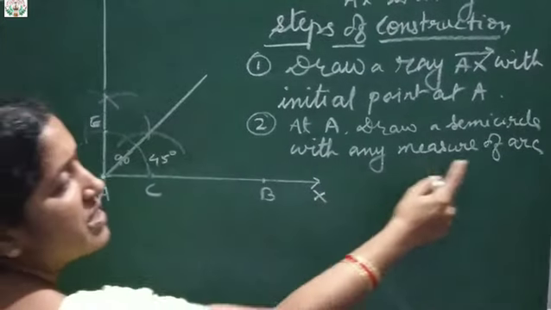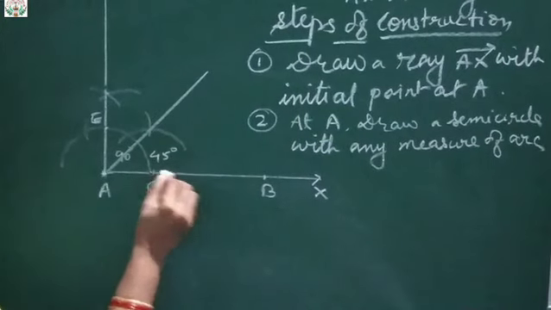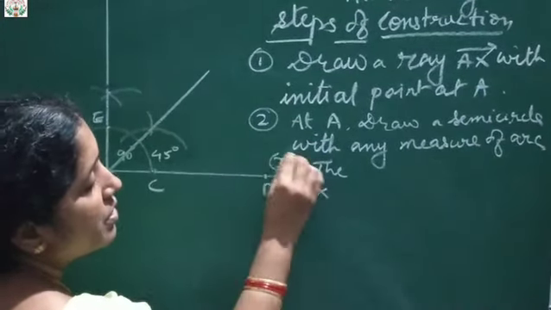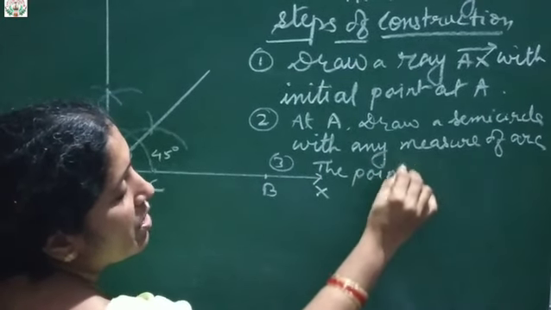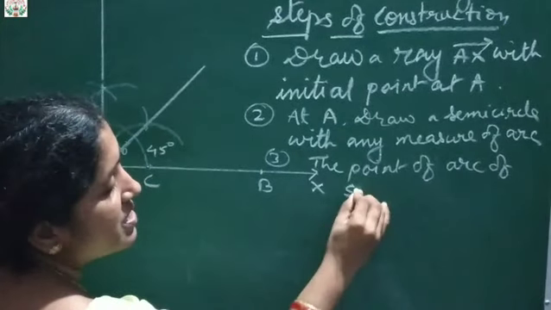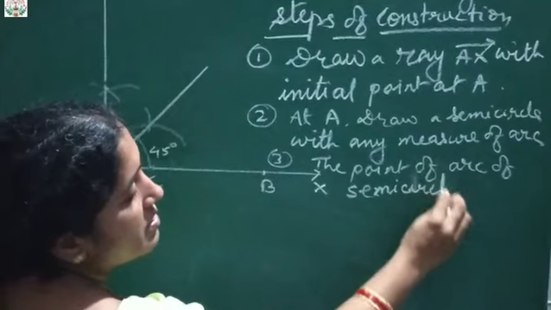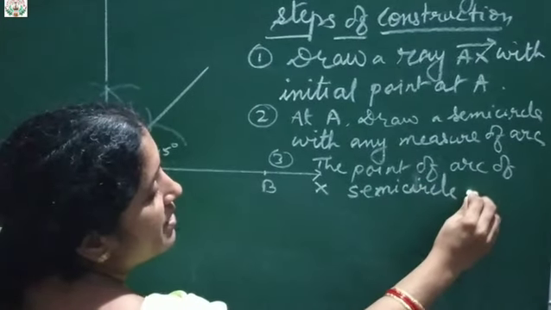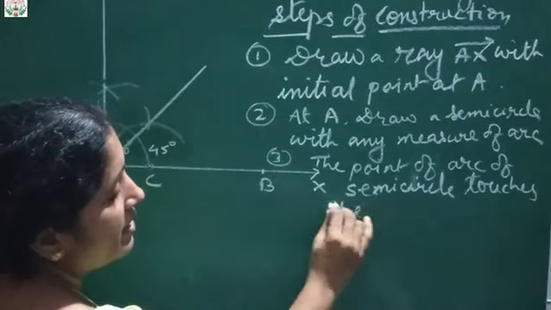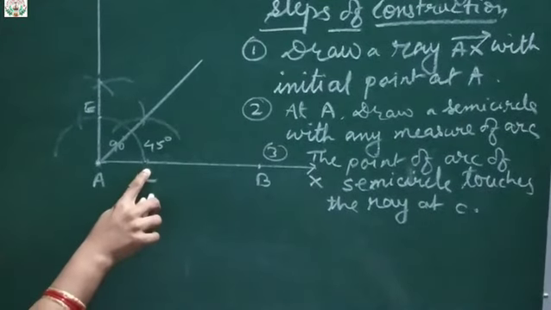Okay. So any measure of arc. Okay. So arc is drawn. So let the third point, the point of arc of semicircle touches the ray at C. This is C.